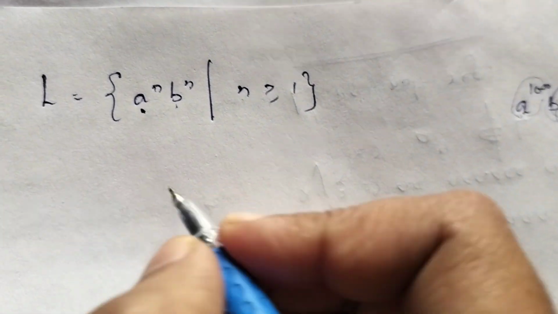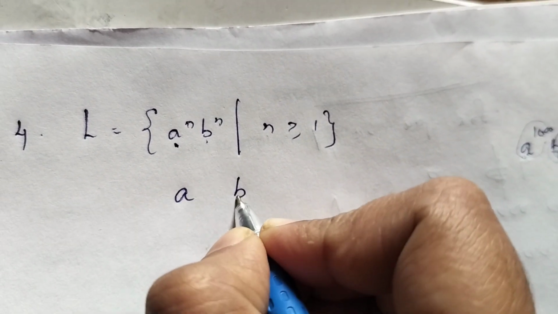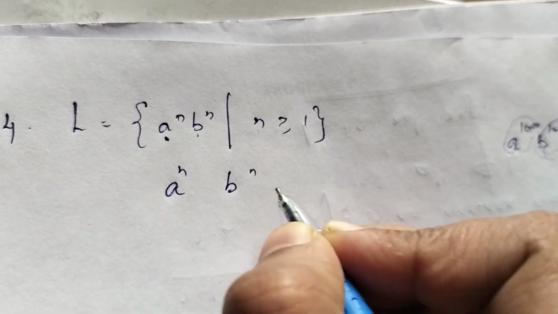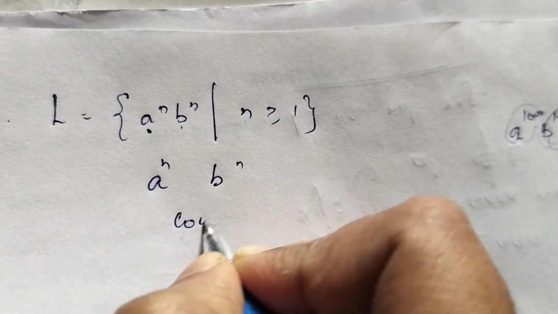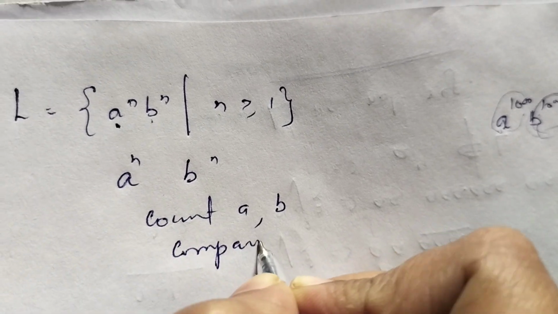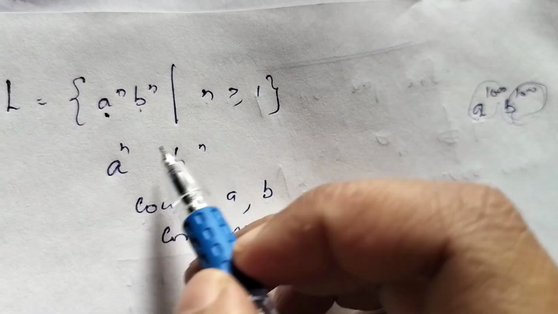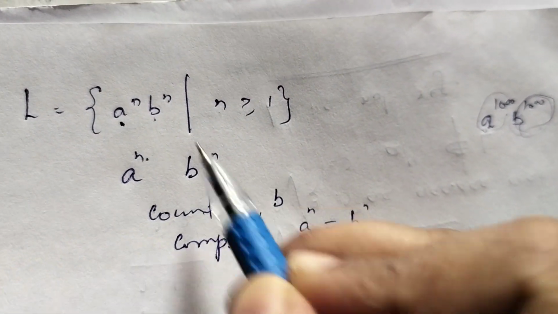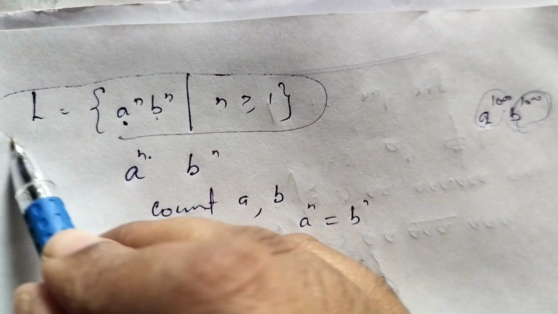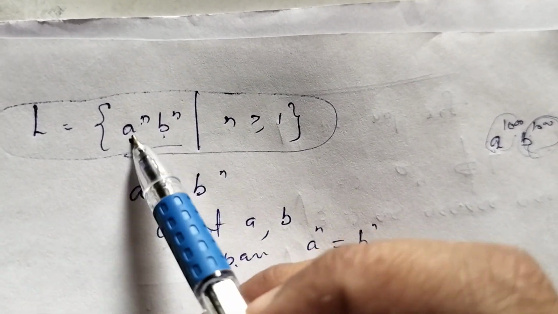So here we need to store a's and b's, n number of a's and n number of b's. We need to count a and b. We need to compare whether the n a's and n b's are equal. So storing, counting and comparing is needed for this particular language. If there are 10 a's, it should consist of 10 b's.